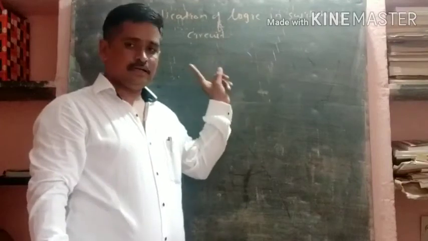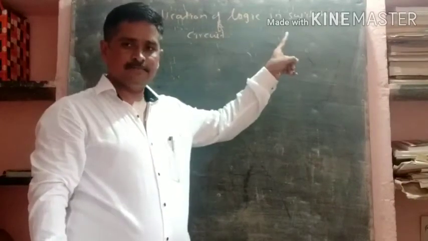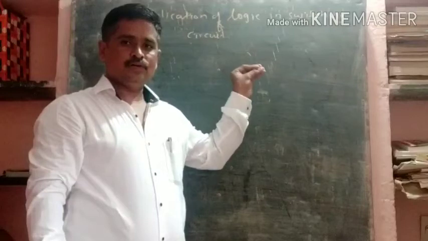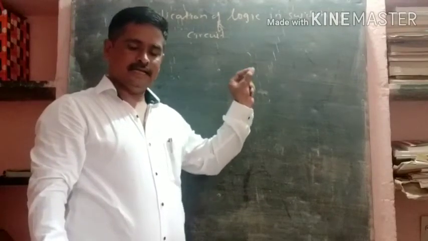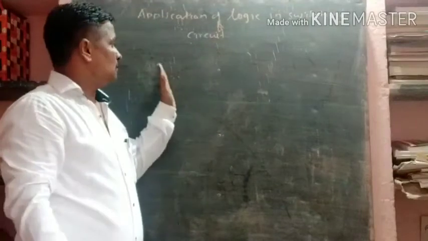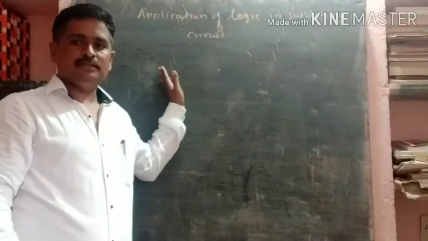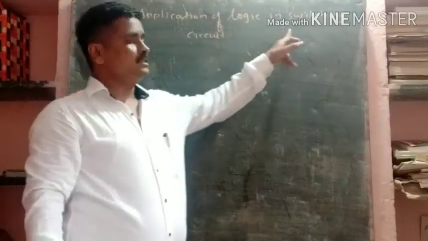In a switching table, we only replace T as 1 and F as 0.